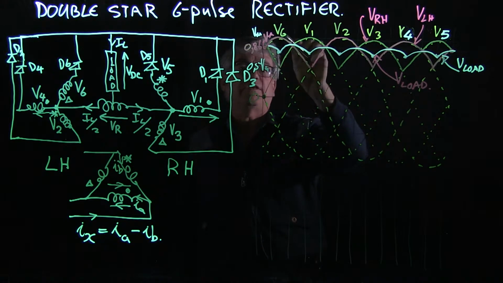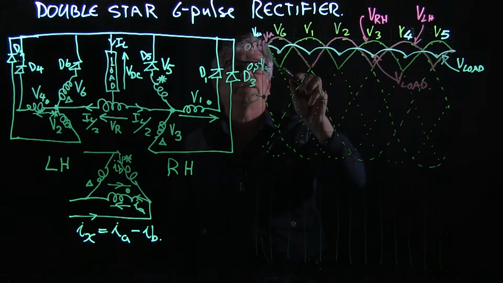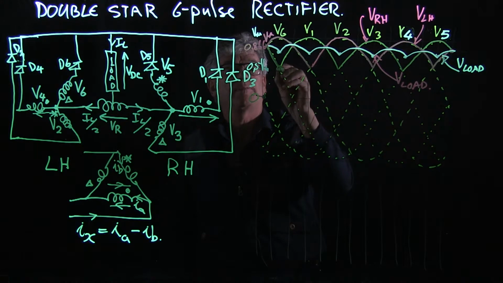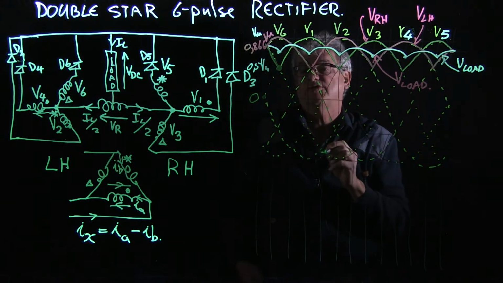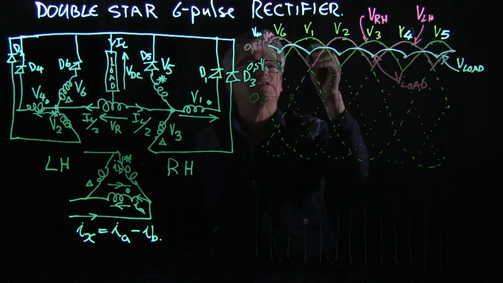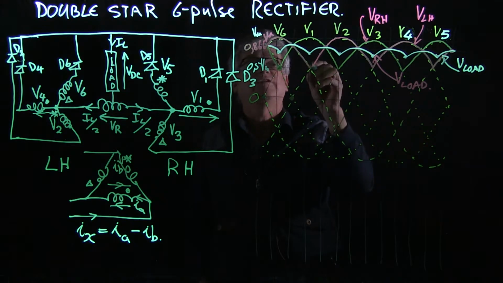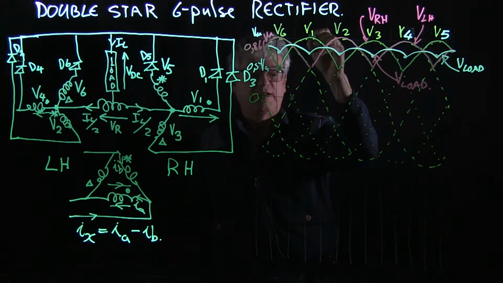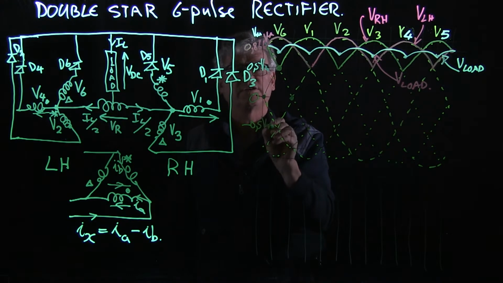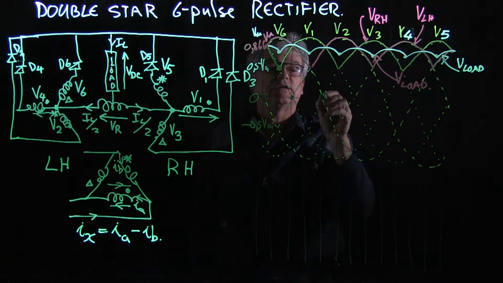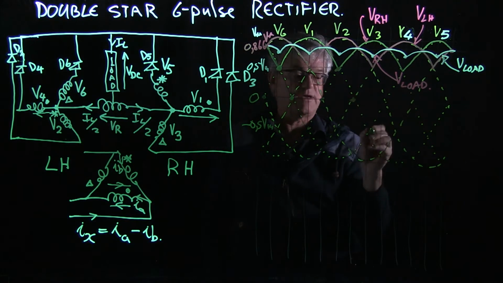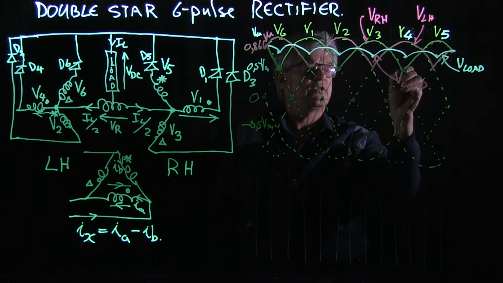Then the left hand becomes Vmax, and the right hand becomes 0.5. 1 minus 0.5 gives me 0.5. Then at that point, we're back at 0. At this point, we now have 0.5 minus 1, which gives us minus 0.5 Vmax. And back at 0, back at the load voltage there, back at 0, etc.